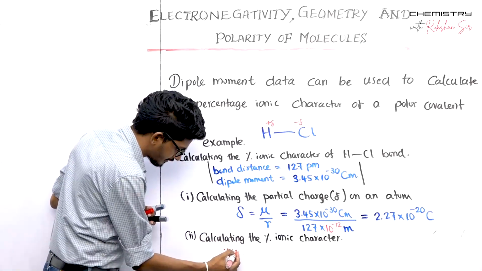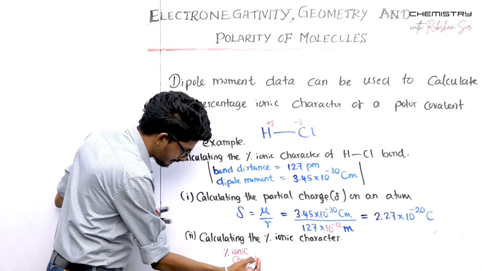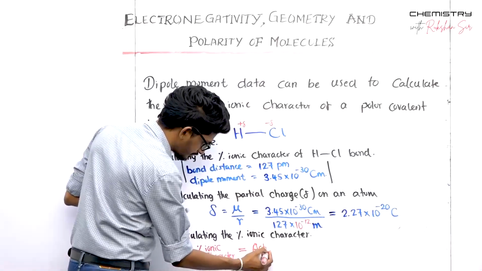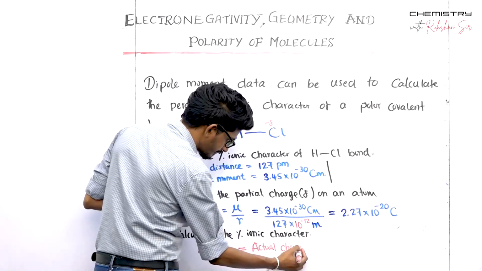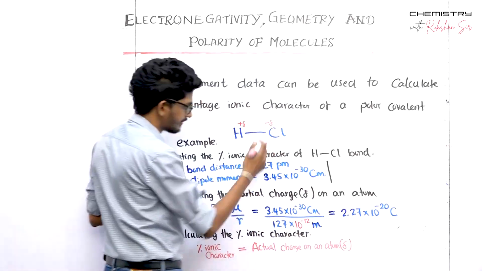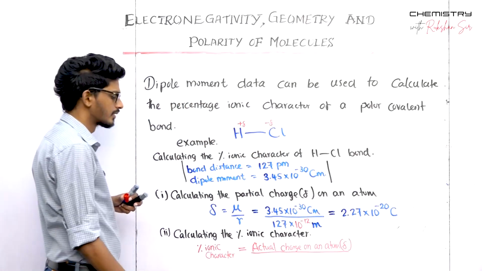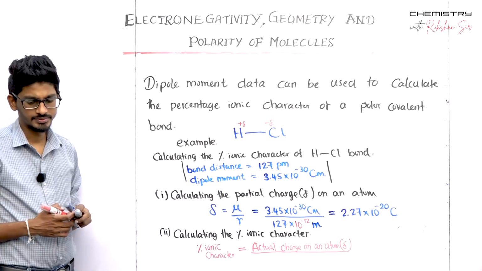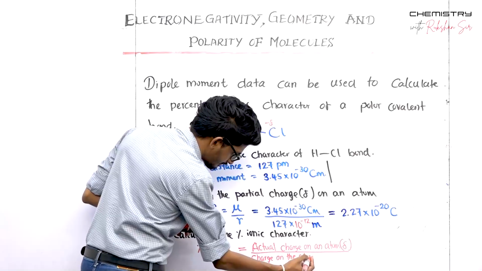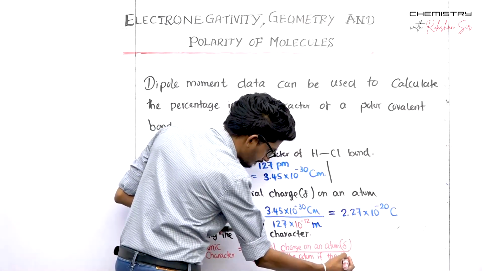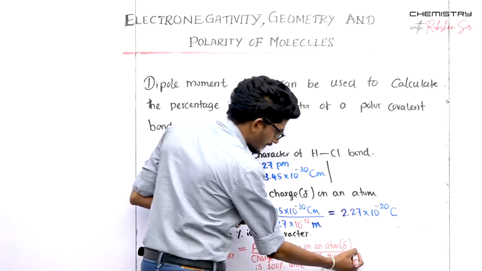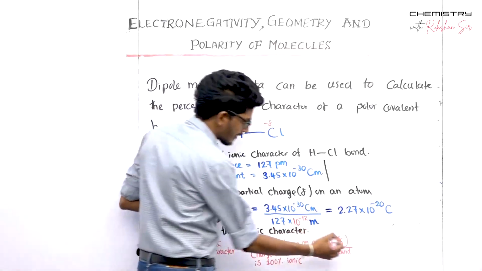The percentage ionic character is equal to the actual charge on an atom, that means the charge actually appearing on an atom, that is the delta, divided by the charge on the atom if the bond is 100% ionic, into 100.